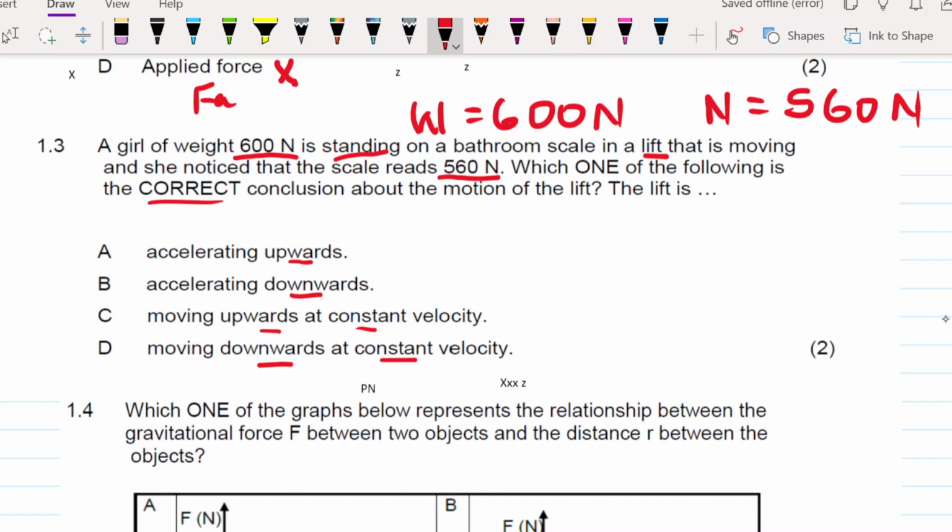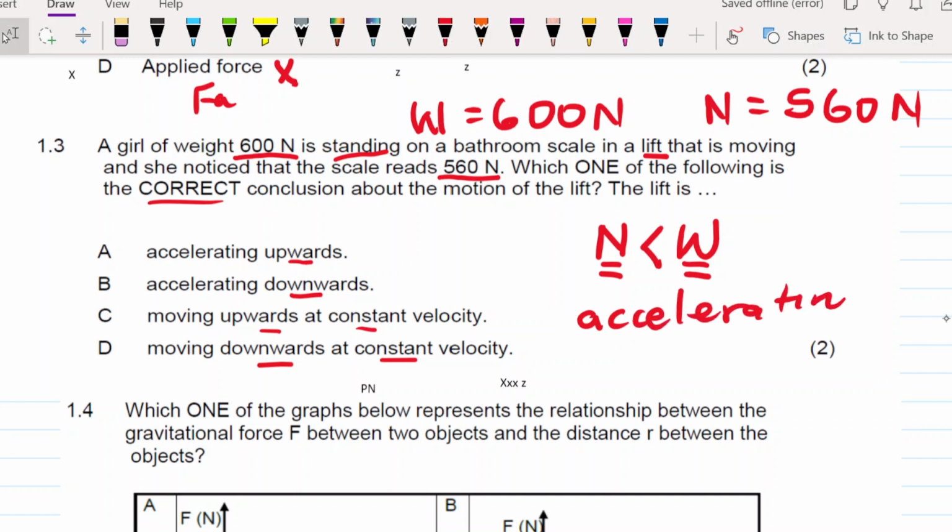So we can see that the normal force, which is the reading on the scale, is less than the actual weight of the girl. In our previous explanation, we said that in a case where the reading of the scale is less than the actual weight of the girl, we know it is accelerating downwards. We know it is accelerating downwards.